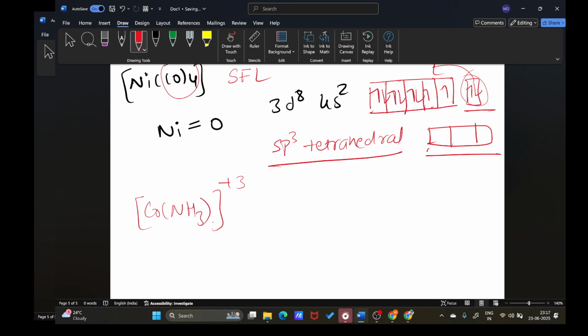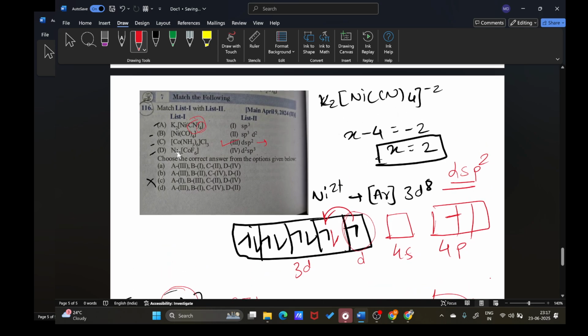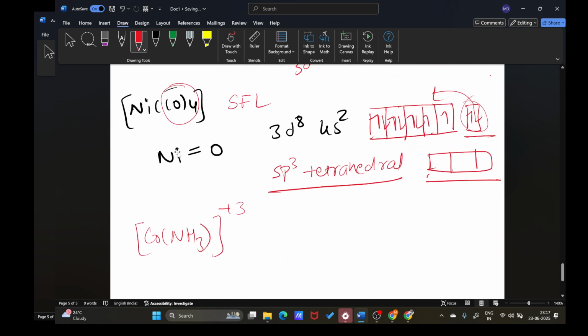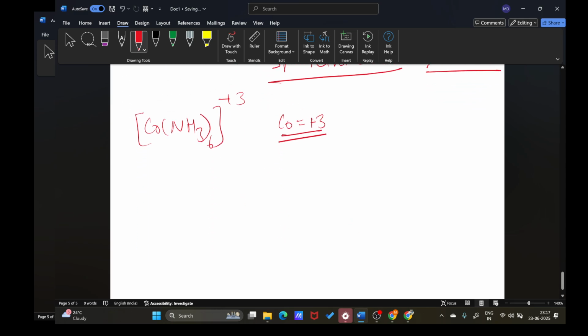NH3 is always a chargeless, or neutral, ligand, so there is no scope of any charge. So the oxidation number here is simply +3 for the Co, and hence Co in the +3 oxidation state will have 6 electrons in the valence shell. 1, 2, 3, 4, 5, 6.